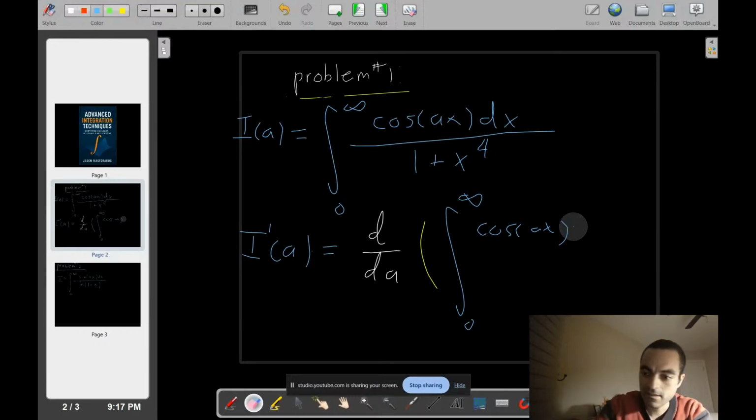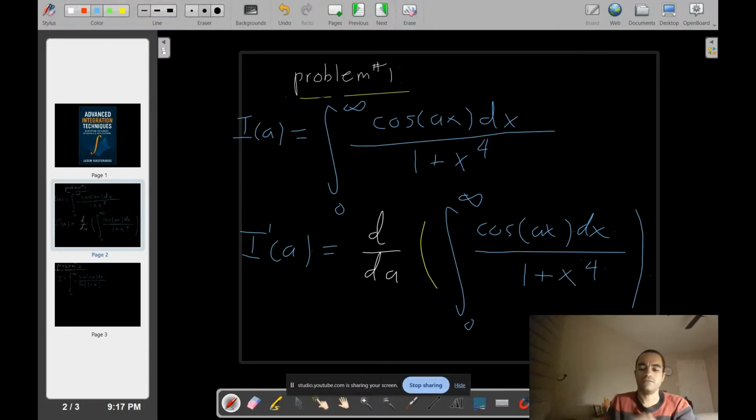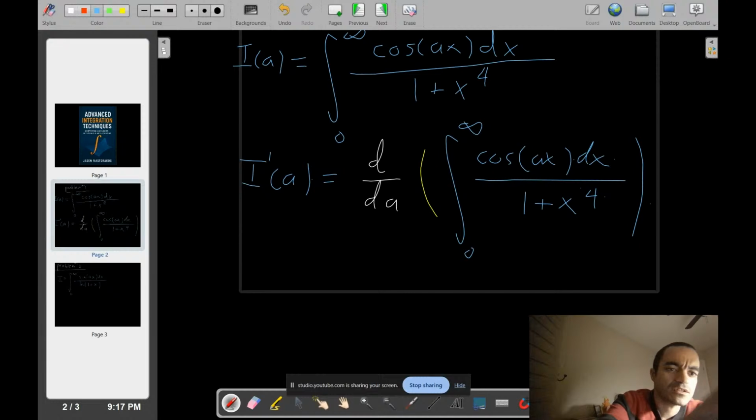over 1 plus x to the 4. Okay, you understand what I'm doing? I'm using Feynman trick, differentiation under the integral sign.